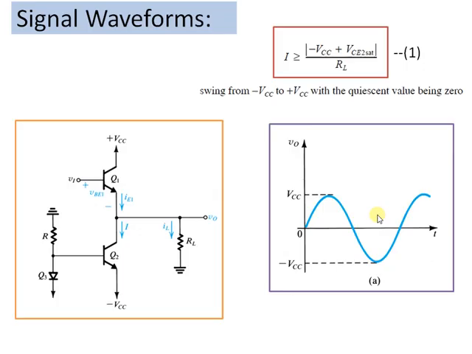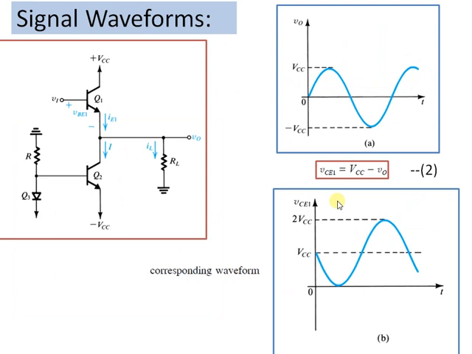The corresponding waveform is shown in figure A, and the equation for this is VCE1 equal to VCC minus V out, which is denoted as equation number 2 here.